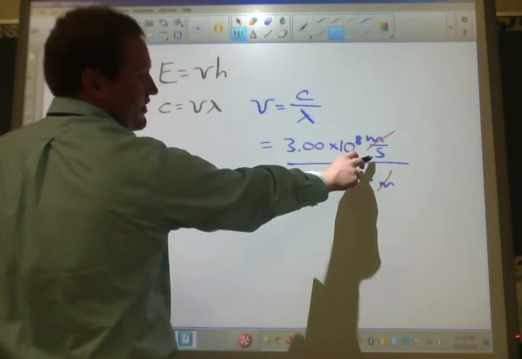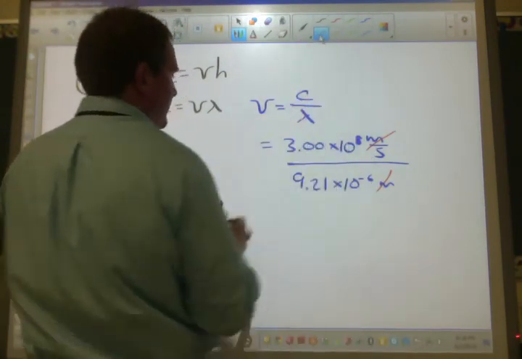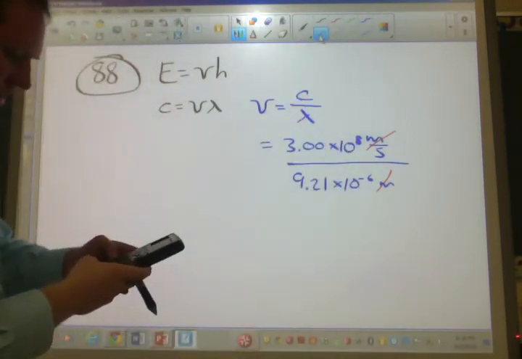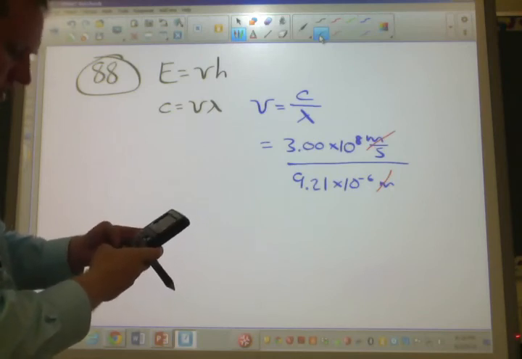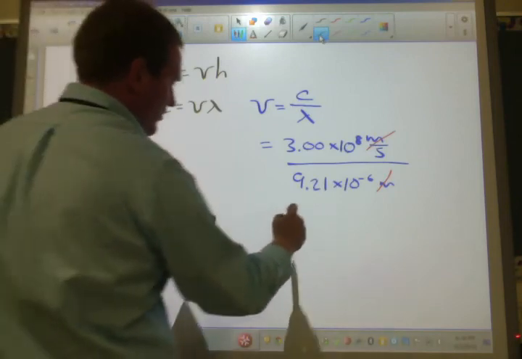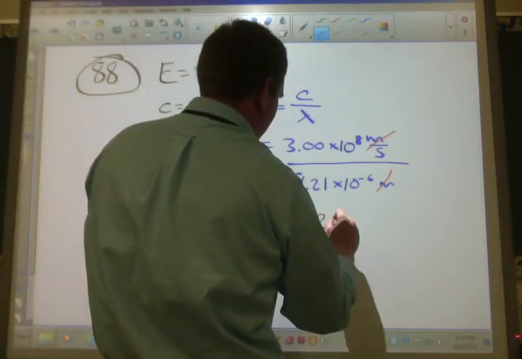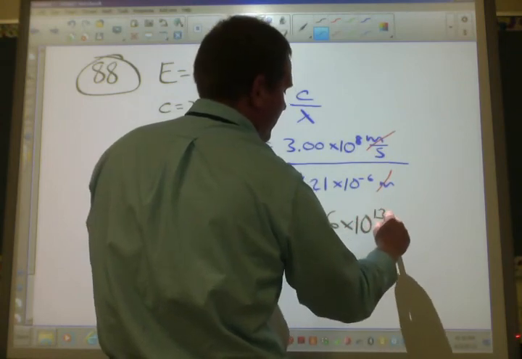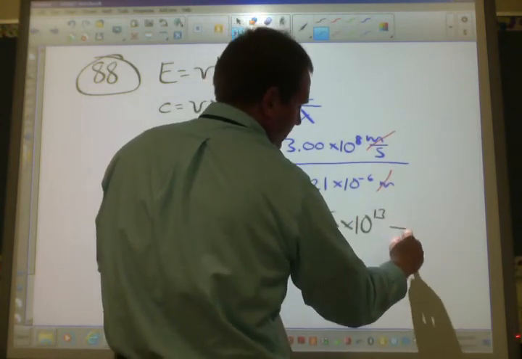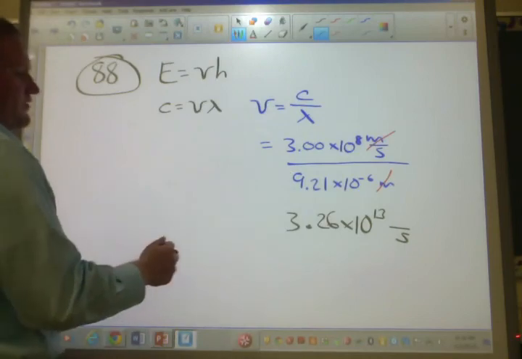The unit we're going to be left with is per second, which is frequency. 3E8 divided by 9.21E negative 6, that's in parentheses of course, gives 3.26 times 10 to the 13th hertz, or I'm just going to write per second because we'll notice that cancel.